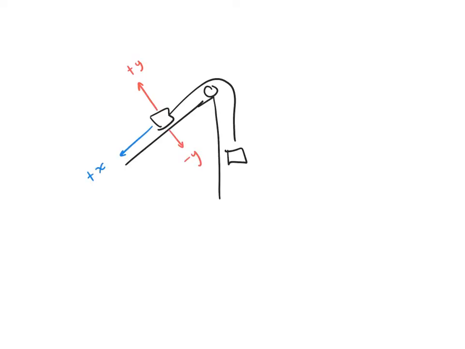So let's look at an object like this, like one of these scenarios. So this is considered up. This is considered down. This is considered the positive x, or down the ramp. This is considered the negative x, or up the ramp. Then finally over here, this is considered up, this is considered down.